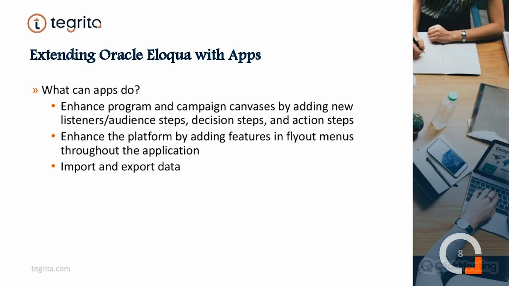So for instance, the Oracle RSS app is used directly in emails, so that's where you would access it and use it. Likewise, CRM integration apps would be configured over in the apps section, but they also have custom feeders and action steps that you'll see on campaigns.